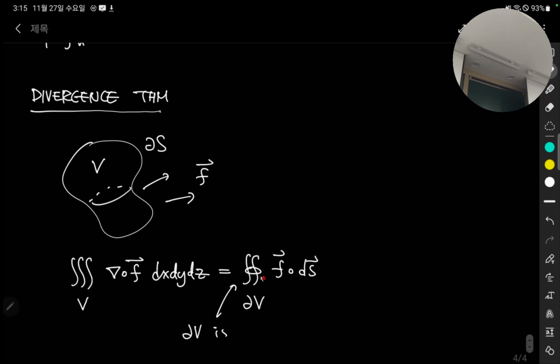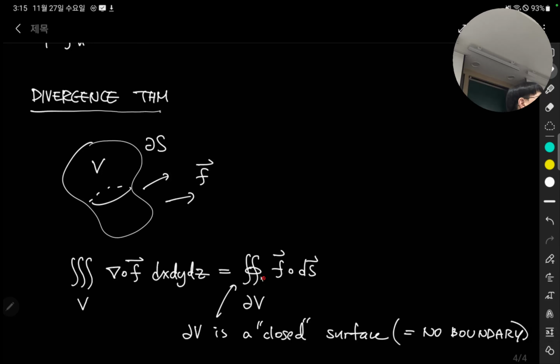So ∂V is a closed surface, meaning no boundary. Don't confuse the boundary of a three-dimensional region with the boundary of a surface. They are different notions. V has a boundary as a surface, but this surface, as the boundary of the region, has no boundary because you don't have an end of the surface, right? So that's your divergence theorem.